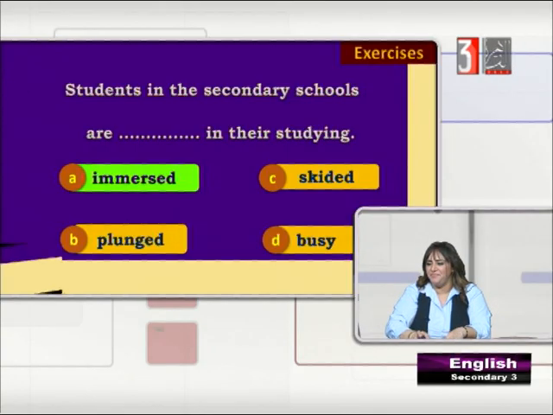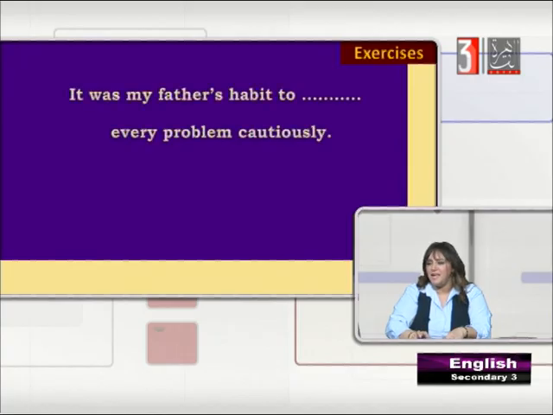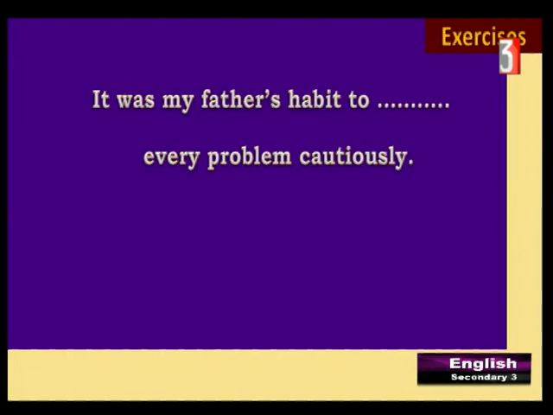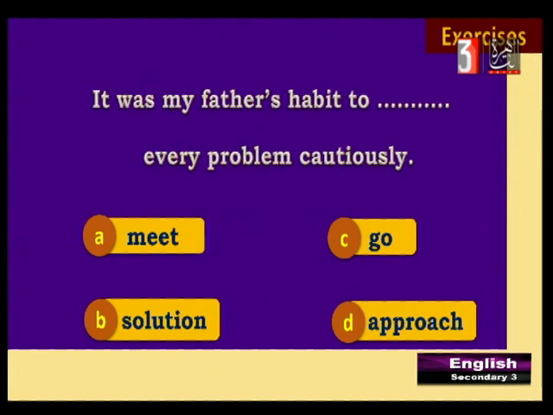Okay. Let's move to a new sentence. It was my father's habit to ___ every problem cautiously. Cautiously means carefully, to be thorough. So it was my father's habit to meet, solution, go, approach?